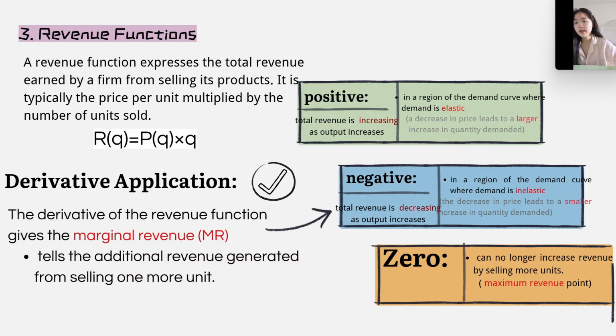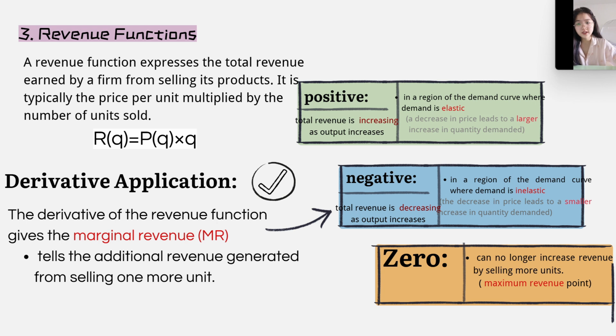A revenue function expresses the total revenue earned by a firm from selling its products. It is typically the price per unit multiplied by the number of units sold. It can be written as R equals P times Q. The derivative of the revenue function gives the marginal revenue, MR, which tells us the additional revenue generated from selling one more unit.